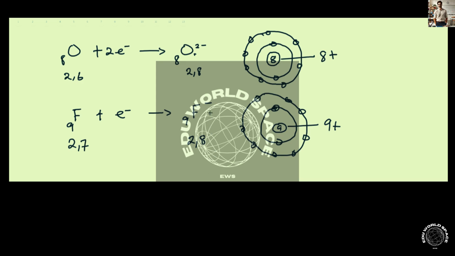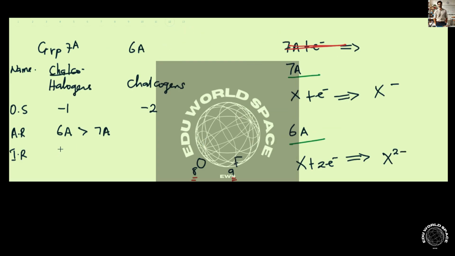So F minus will be smaller than O2 minus. That goes back to what we're doing here: the ionic size of the halogens will be smaller. So the 7A is smaller than the 6A.